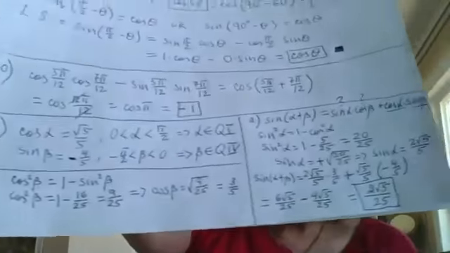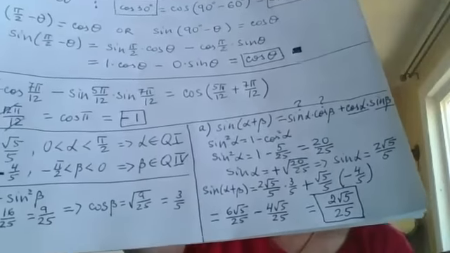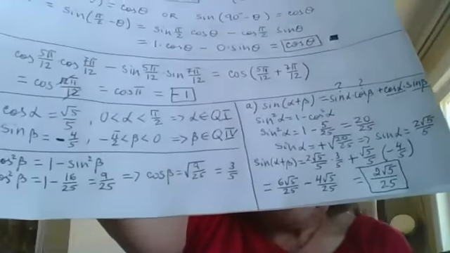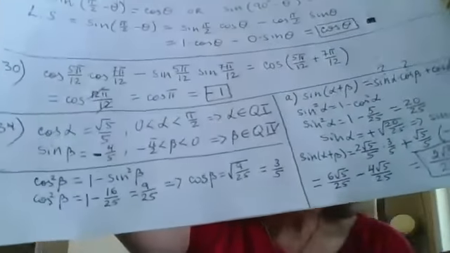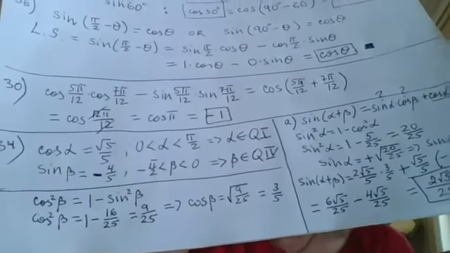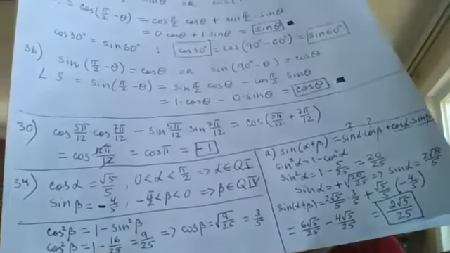I will keep the same 25 downstairs. 6 square root of 5 minus 4 square roots of 5 is 2 square root of 5. And this is your exact value. I am done with this part A. To find this result, I was forced to find missing values, and in the next problem, it will be a little bit shorter because I already have values of important items.